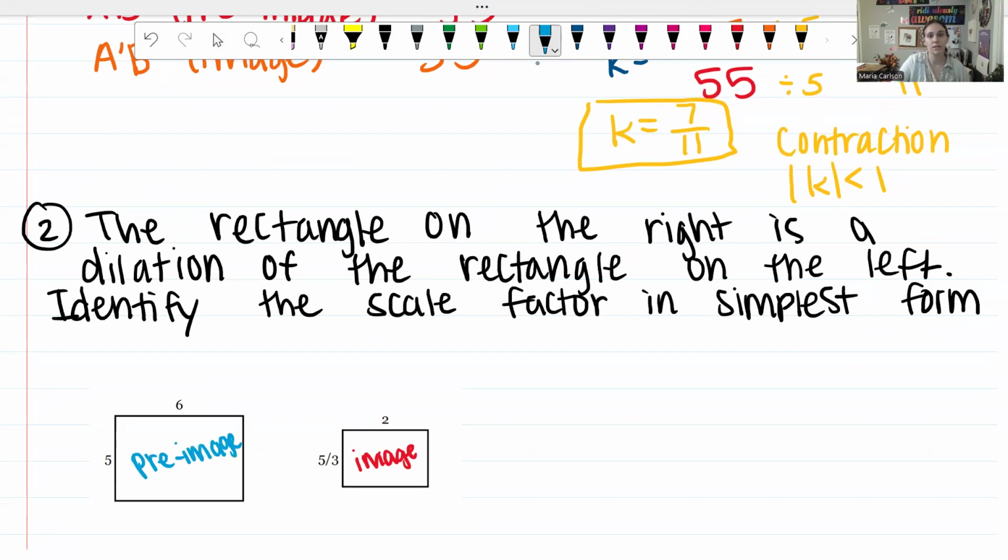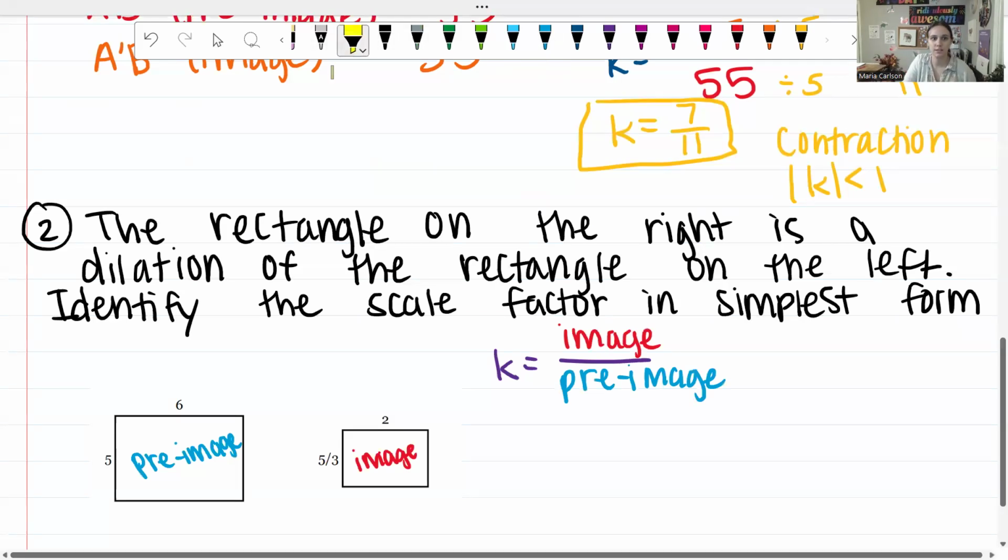So if I want to identify the scale factor, I'm going to use the length of a side in my image, and I'm going to divide that by the corresponding length in the pre-image. So I want to make sure I'm using the corresponding sides.